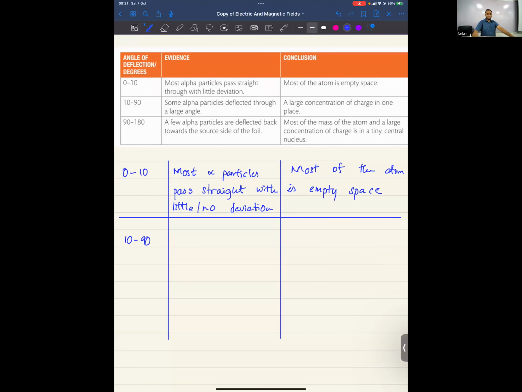So the evidence is some alpha particles are deflected through a large angle.